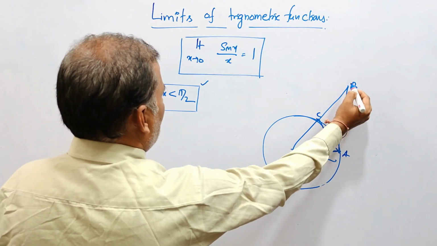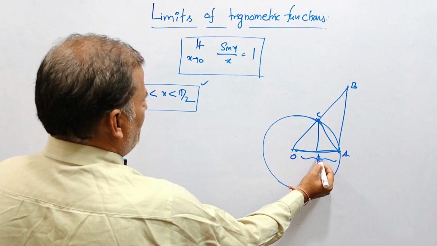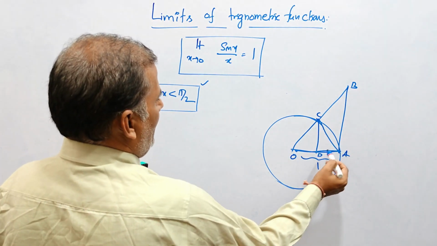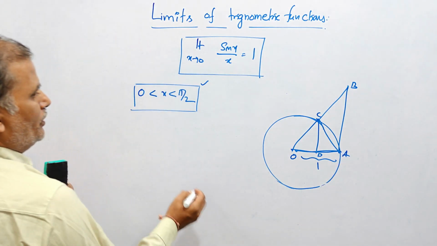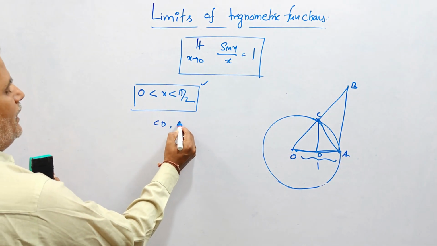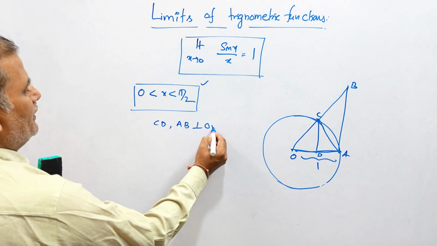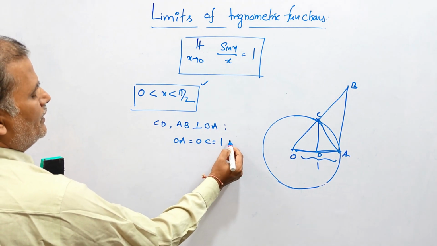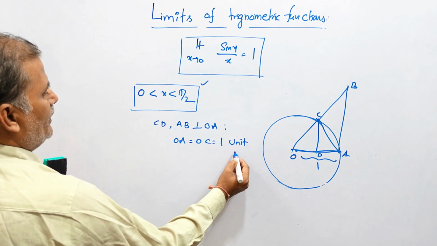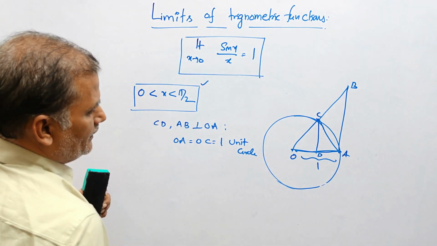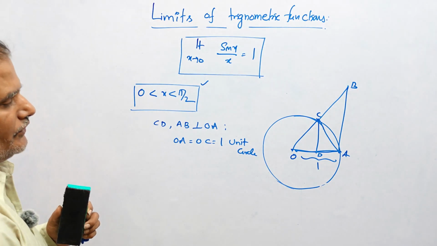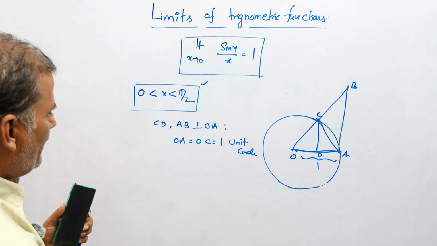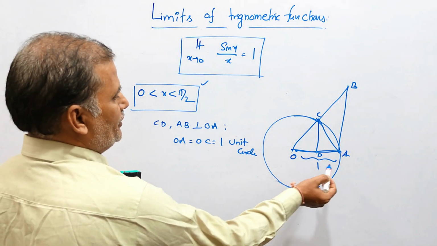This should be AB, and here D is the perpendicular. CD and AB are perpendicular to OA, and OA is equal to OC is equal to 1 because it is a unit circle, meaning the radius of the given circle is 1. Okay, to prove this, first we observe this diagram.